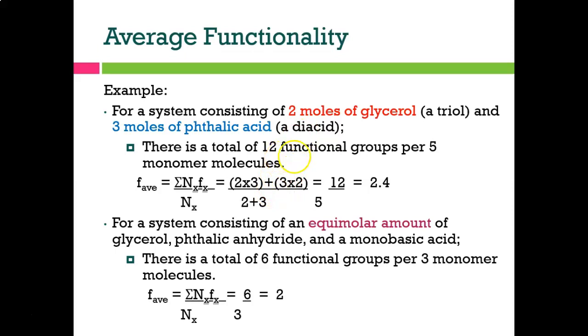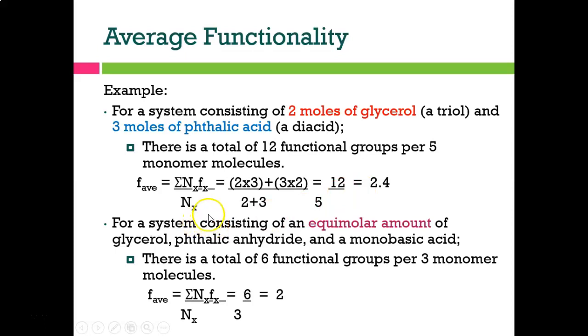You can Google to look at the structure of the diacid. Then divide by the total number of moles. Take the number in front of each term, the number of moles: 2 plus 3 gives 5. Dividing 12 over 5, you get 2.4, the average functionality in that reaction.